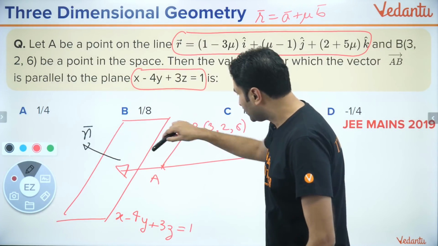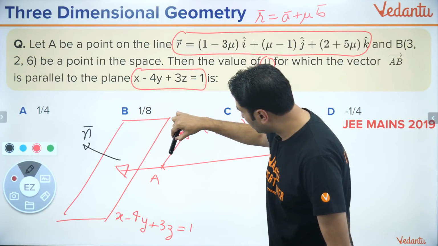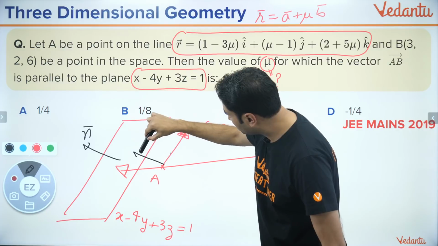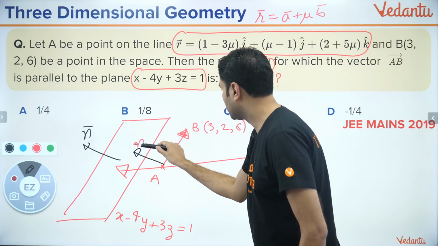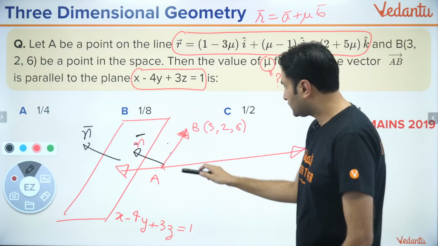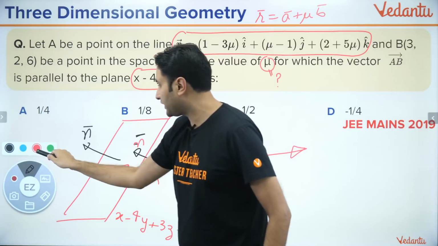Since AB and the plane are parallel, this normal and AB must be perpendicular. This is the relation that I care about.